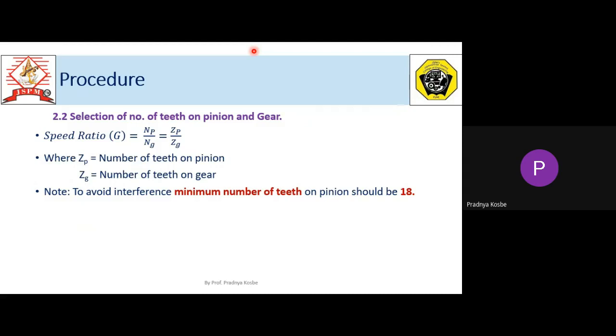So to avoid interference, the minimum number of teeth on pinion should be 18. So the number of teeth we have decided. We know the speed reduction ratio for that particular stage.